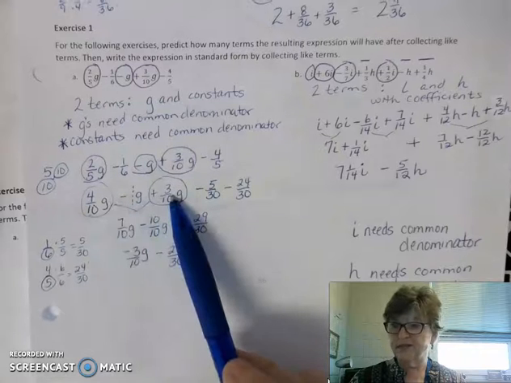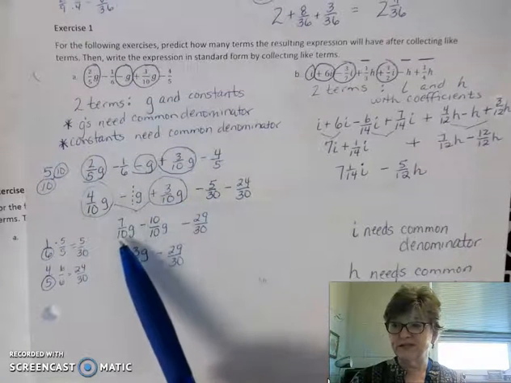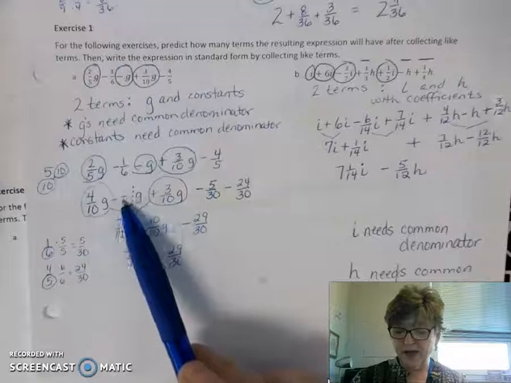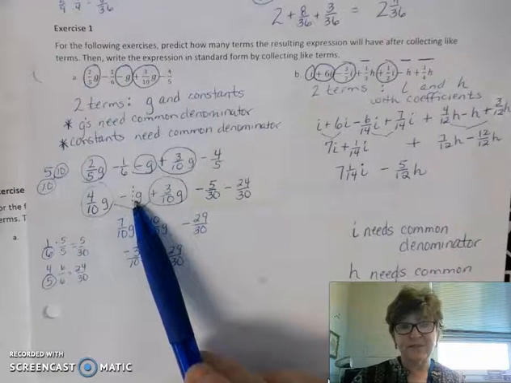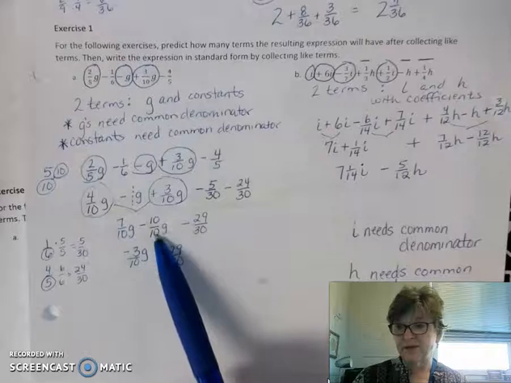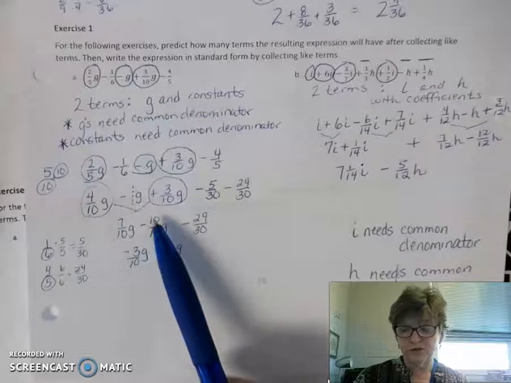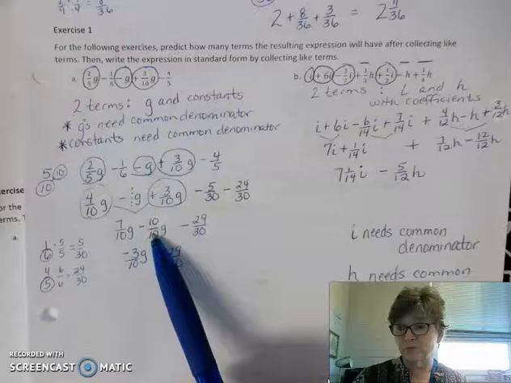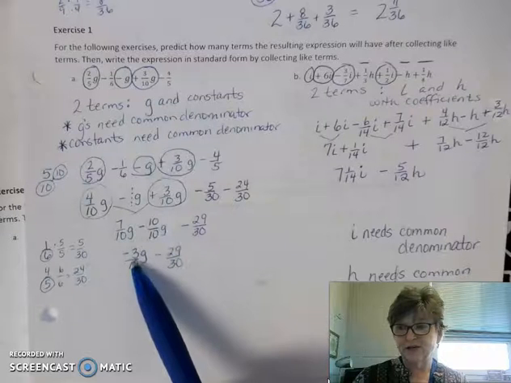Did you combine the 4/10 and the 3/10 to get 7/10? Did you remember that this was the same as a -1, and therefore you would need the same common denominator to do the subtraction, or adding the opposite of it, which would be add a -10/10?